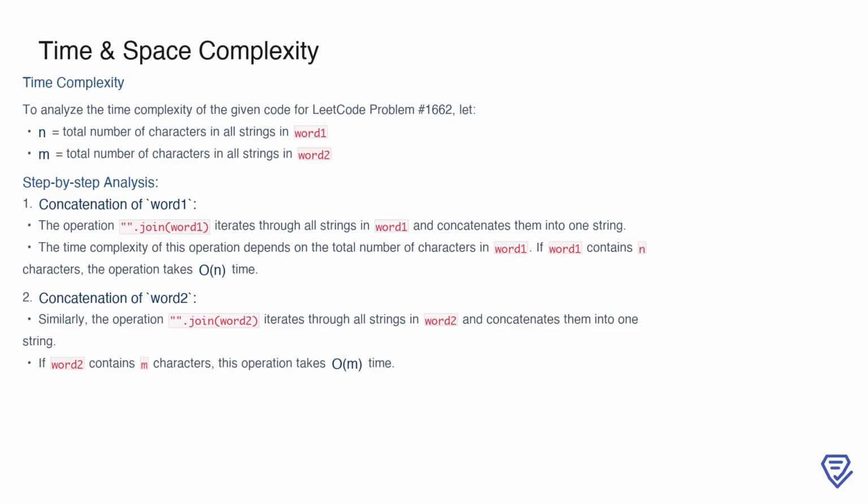Therefore, this step takes O(n) time. Similarly, for word2, the concatenation process works in the same manner. If the total number of characters in word2 is m, the operation join(word2) will take O(m) time. These two operations are the main contributors to the time complexity so far.